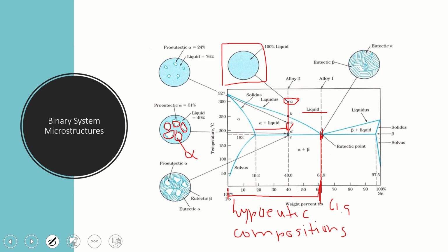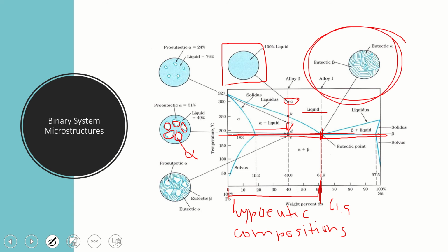At the eutectic point, at the eutectic temperature, you get this eutectic microstructure right here, where you have interlayerings of eutectic alpha and eutectic beta, the two types of solids in this diagram.